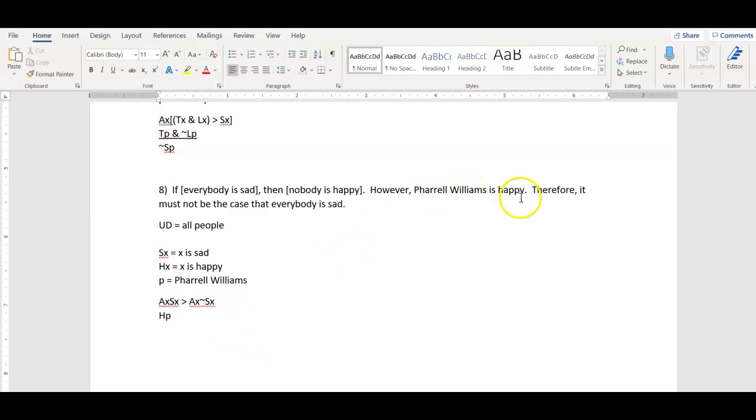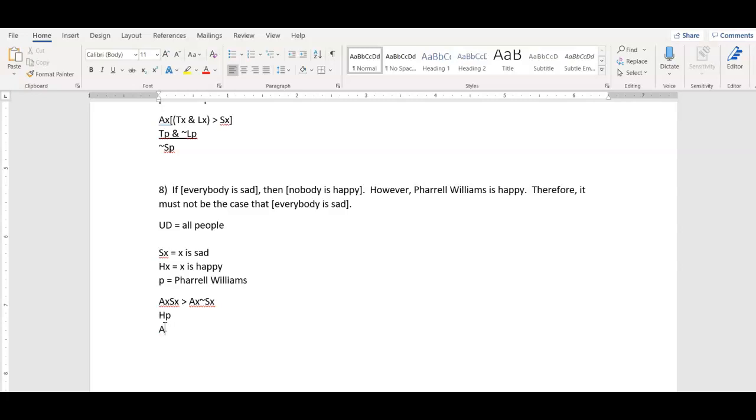Remember, if you have a singular subject with a predicate being applied to it, no quantifiers are necessary. Conclusion, therefore, it must not be the case that everyone is sad. So it must not be the case that is negation, right? So we need to negate the sentence, everyone is sad, in our conclusion.